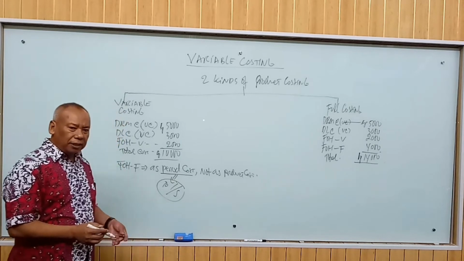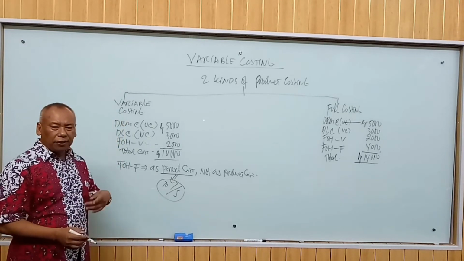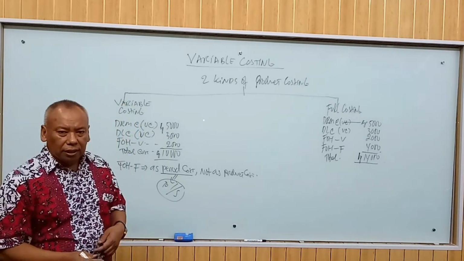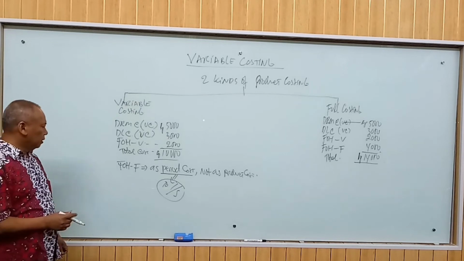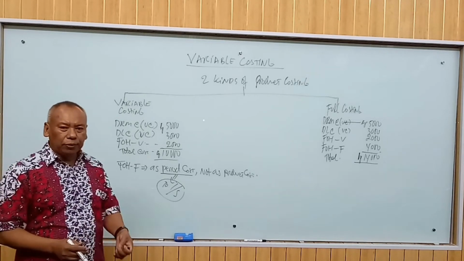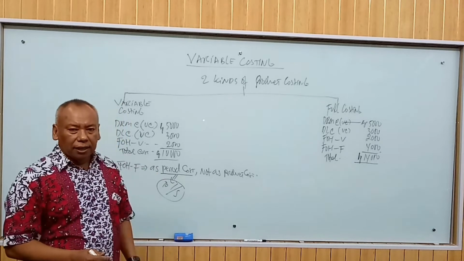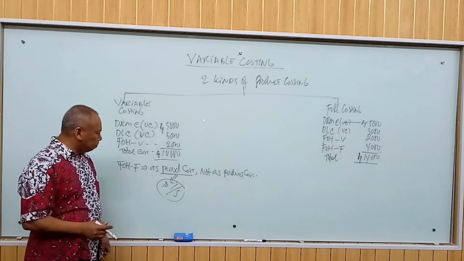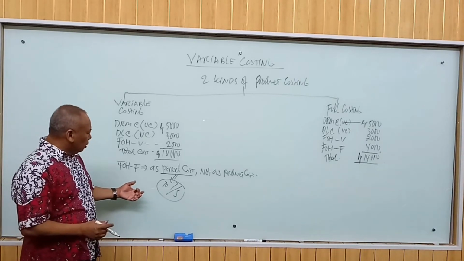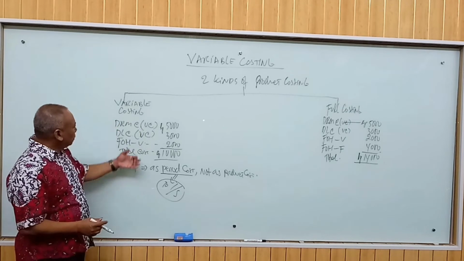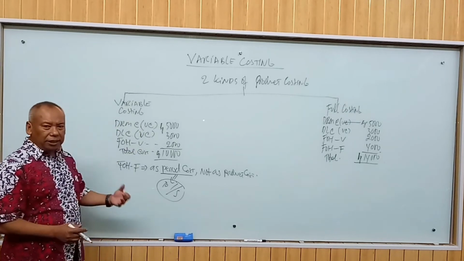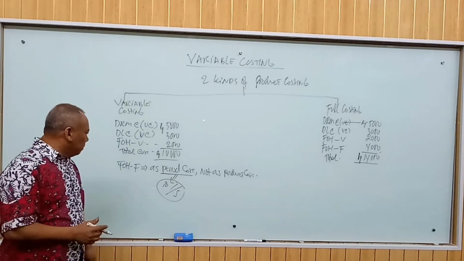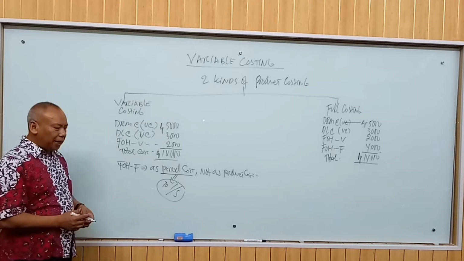By definition, fixed costs in total remain constant, regardless of the changes of the units produced, because the fixed cost is associated with providing the capacity. So if we use this one, it will be easier for management to make the profit planning.